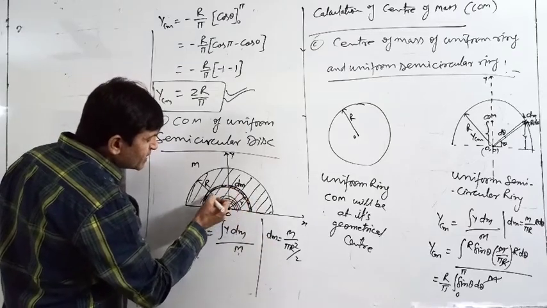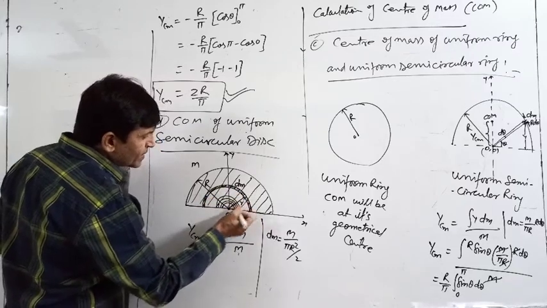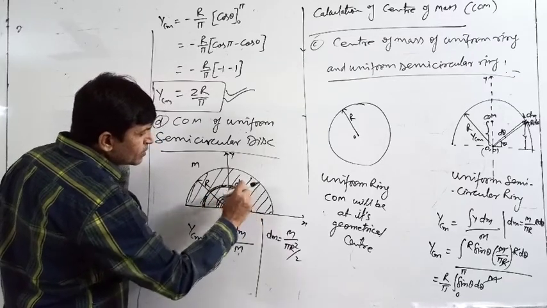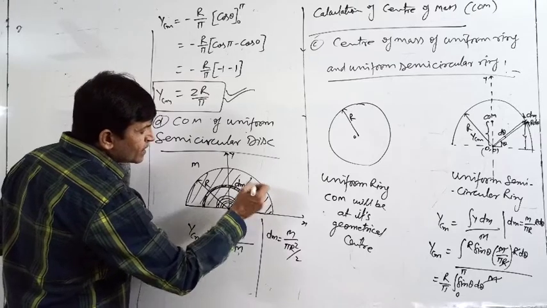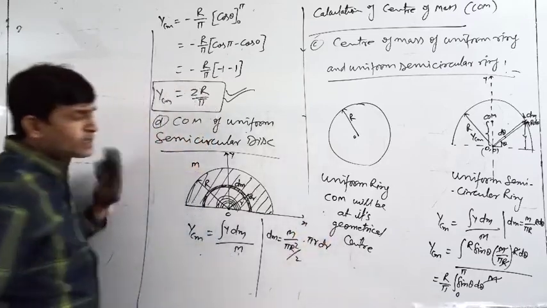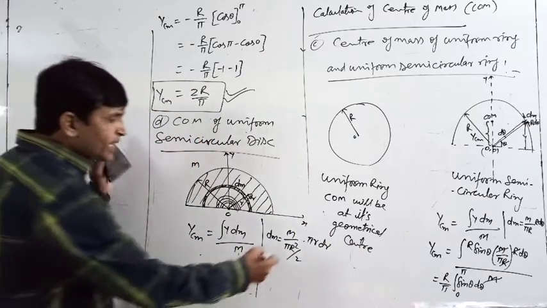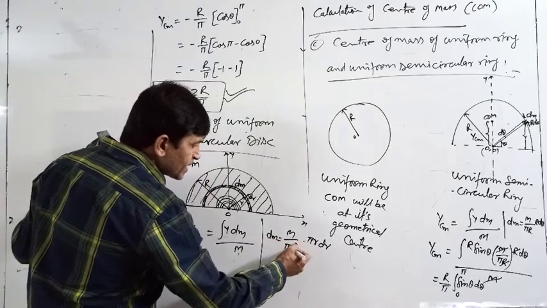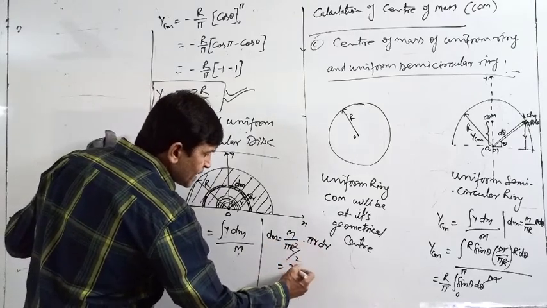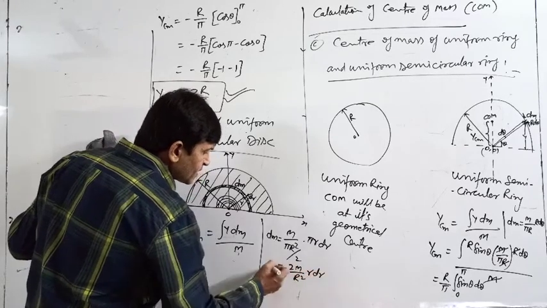What is the area of this element? Length of this ring is pi r, thickness dr. The length into thickness, pi r into dr. Understood? So dm, pi and pi will cancel. So dm I can say 2M by R square, r dr. This is dm.